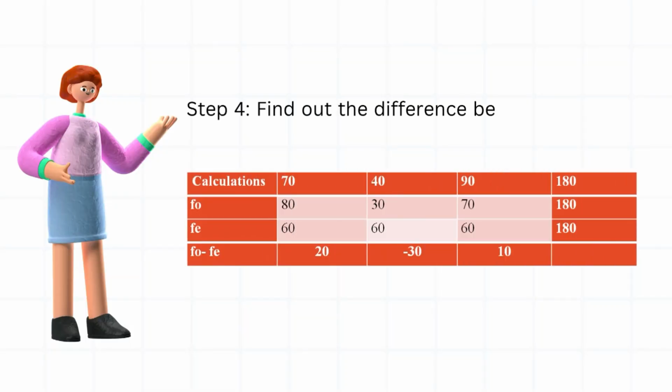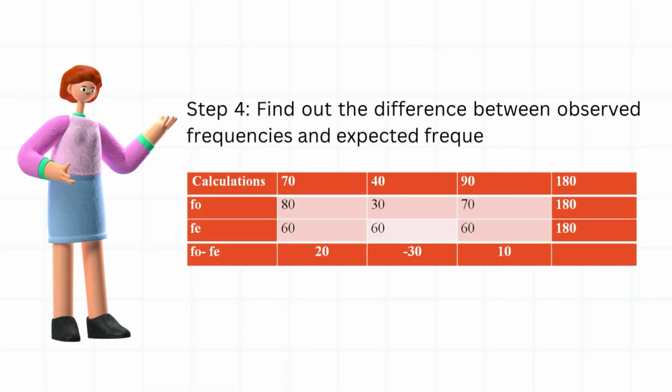Now, we are moving towards the 4th step, and this is to find out the difference between observed frequencies and expected frequencies, meaning we have to calculate the value of FO minus FE. As you can see here, FO minus FE is given: in the first category it would be 80 minus 60, that would be 20, in the next category 30 minus 60, that would be minus 30, and in the third category 70 minus 60 and this would be 10. So, this is the value of FO minus FE.